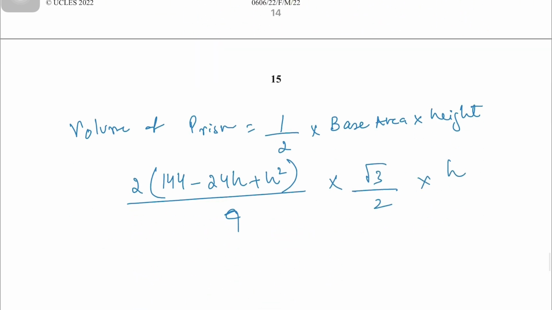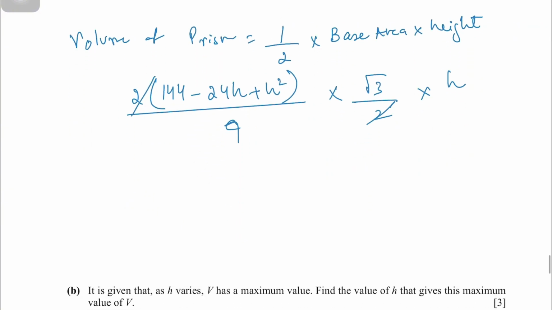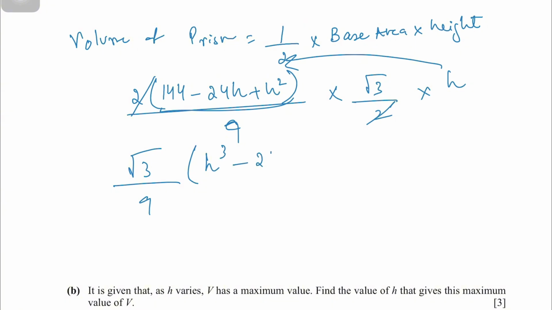This is multiplied by h. This 2 and 2 are cancelled out, so we get our final answer as root 3 over 9, multiplied by h cubed minus 24h squared plus 144h. So this is our final answer.